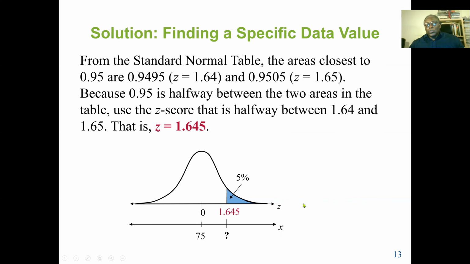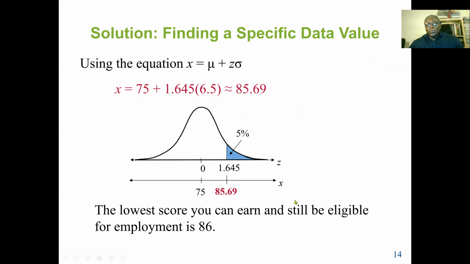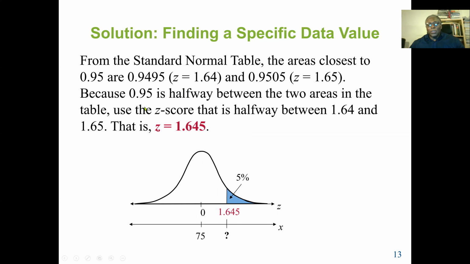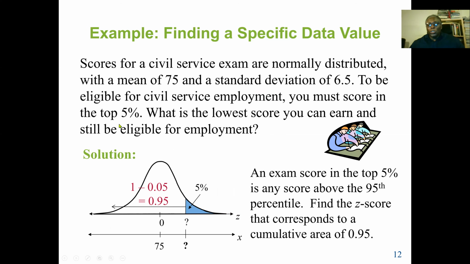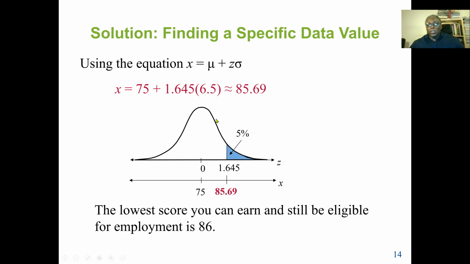If we know the z-score, we can find the x value. The mean is given to us to be 75, we just found the z-score to be 1.645, and the standard deviation is 6.5. Let's go back to the question. The standard deviation is 6.5 and the mean is 75, so we are using those two values here.